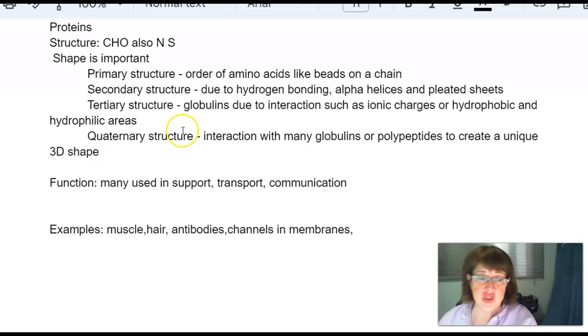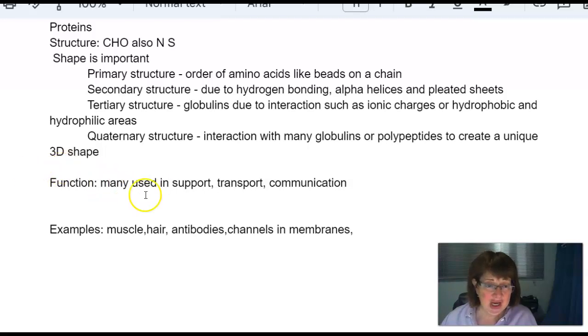And then there's a quaternary structure, which talks about globulins and polypeptides. Here we have the term poly again, meaning many. And that creates a unique 3D shape, which is very important for things like hemoglobin and also for something like enzymes.